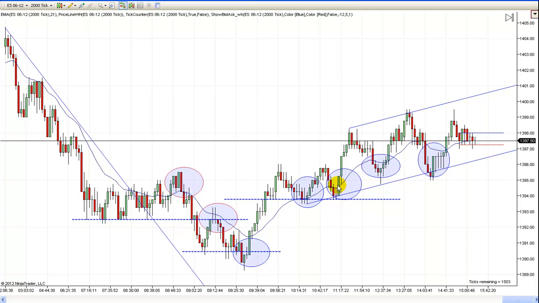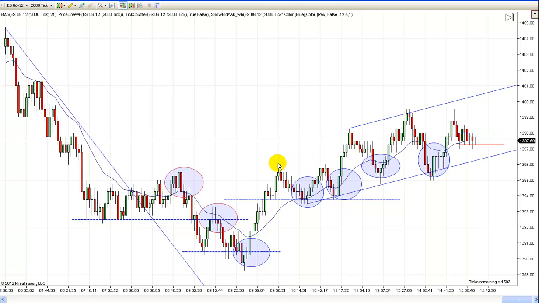Putting it way down here would have been questionable because prices were closing back above the EMA, and you could see they couldn't hardly get through there. But at least, instead of putting a stop here, just use a limit order and let it come back and get you, or even maybe risk one more or maybe 2 ticks. If you'd risked 2, you probably wouldn't have got filled, but you would have gotten filled 1 tick inside of this bar right here, and then you got plenty of room.